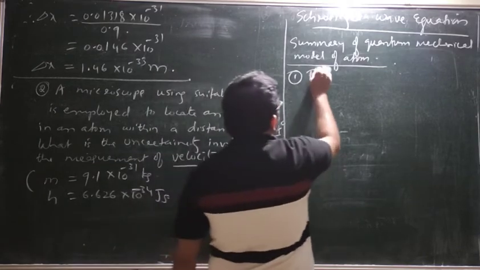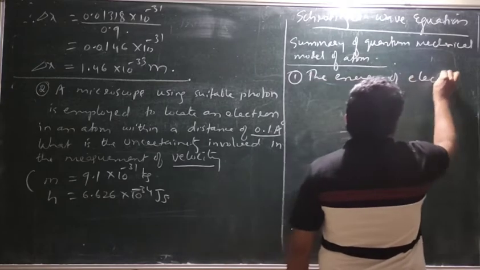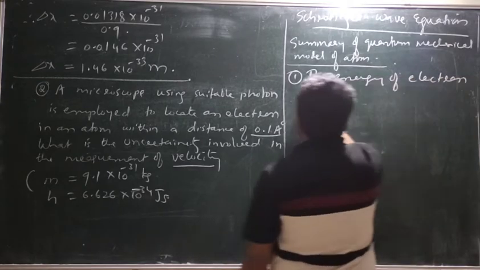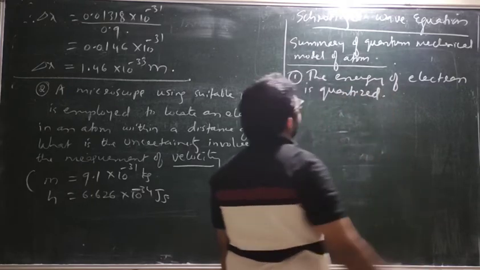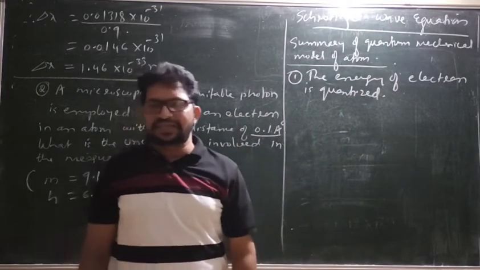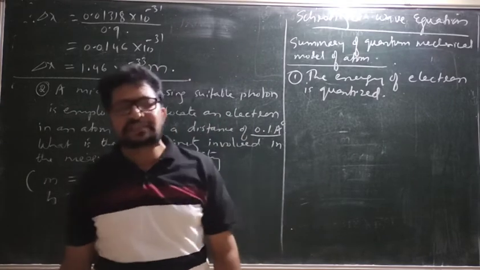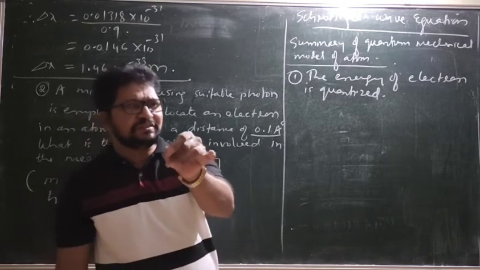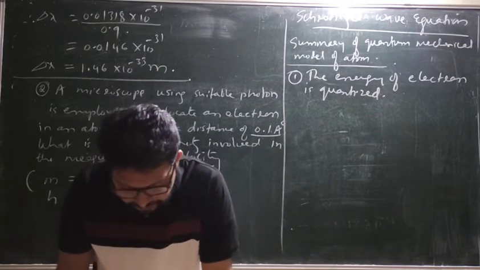The energy of electron is quantized. This is one of the quantum mechanical models. Quantized. What is quantized? Discrete packets of energy. So this is one of the thoughts of the quantum mechanical model of atom.